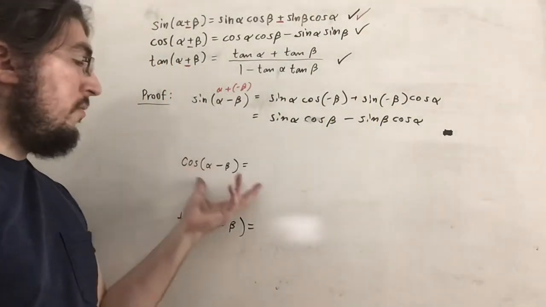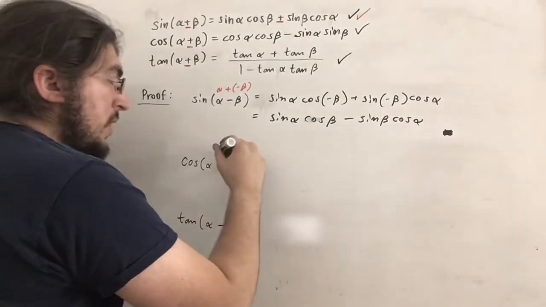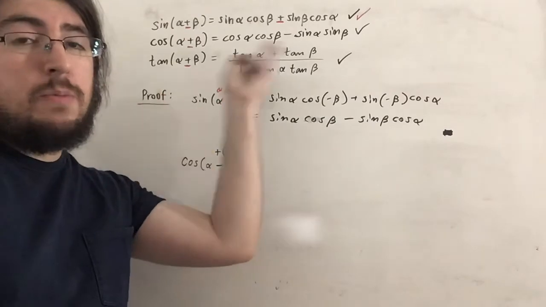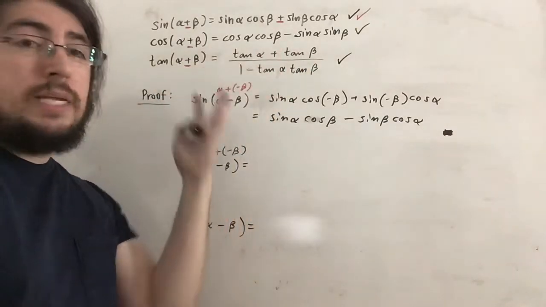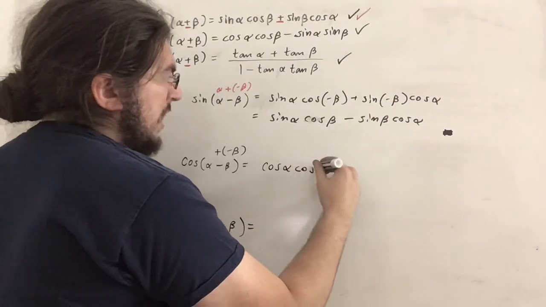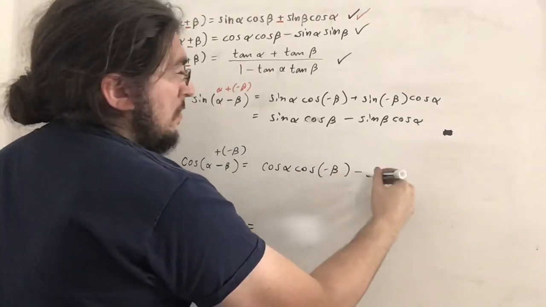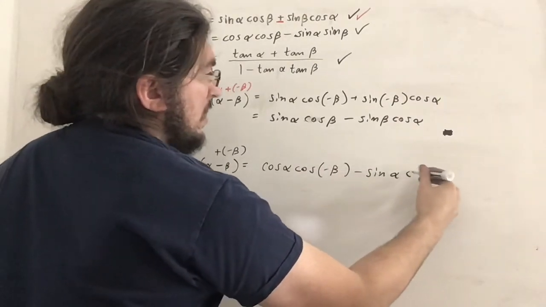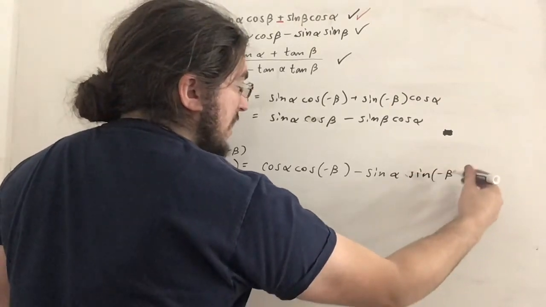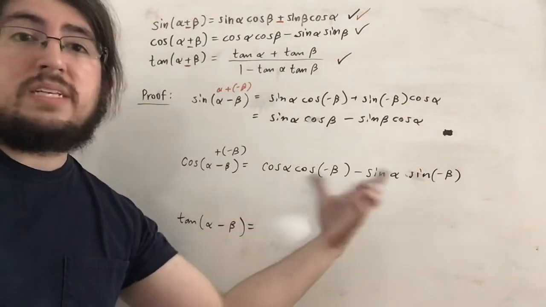And now to show for cosine, again, we're treating this as alpha plus negative beta. So everywhere I see beta in the formula for cosine, I'm going to replace with negative beta. So this is cosine alpha, cosine of negative beta, minus sine alpha, sine of negative beta. And you can kind of see all that really does is just change the sign for the one involving sine.